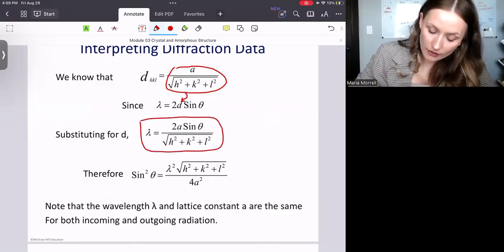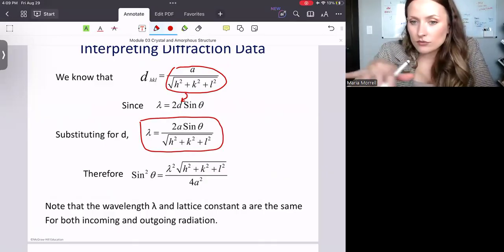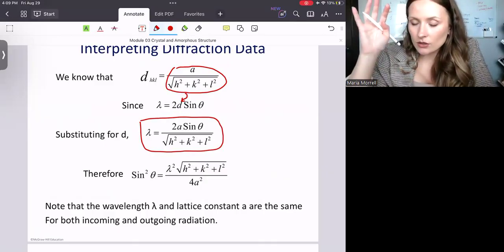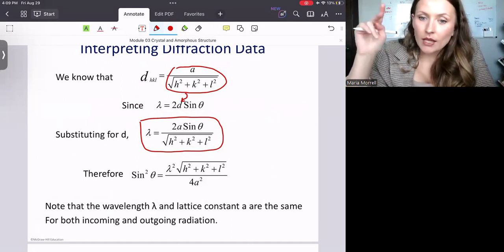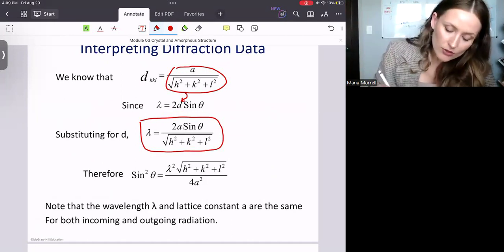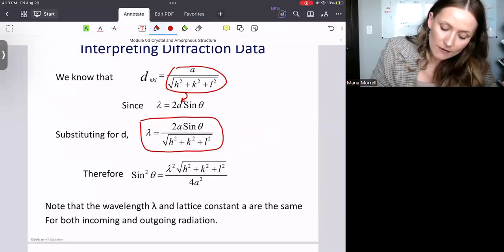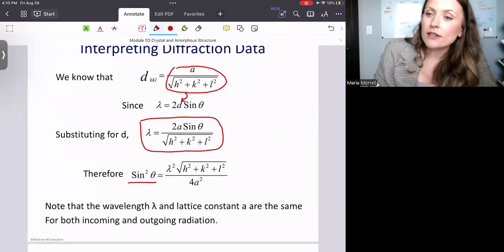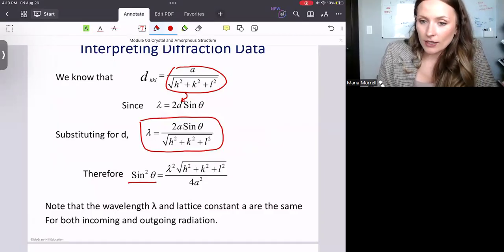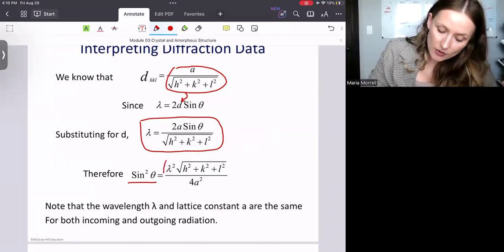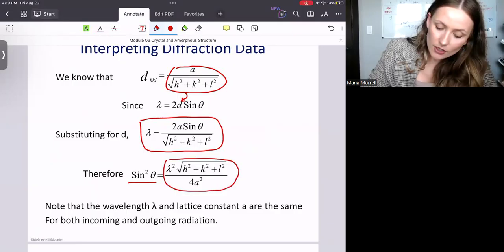So I have a wavelength where I have something in the numerator and the denominator. Now, from here, out of interest, do not ask me why, we do need to skip some of the points. But if I find the sine theta squared, I will actually end up with this equation. And there's something very unique.